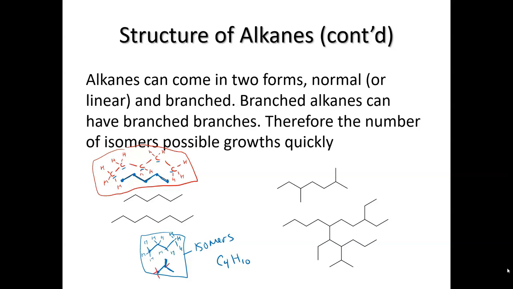And then we'll have 1 in the middle, 3 off of this chain, and then 3 off of the end. So you'll notice a pattern here. When we're on the ends, we'll have 3. When we're in the middle, you'll generally have 2 things attached to the middle carbon outside of that chain. And then on the top, again, we have 3 and 3. So we have 9 and then 10, so the same structure.